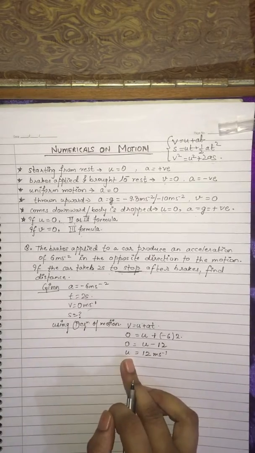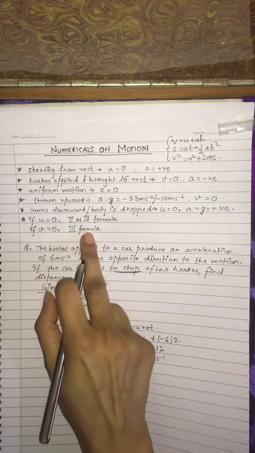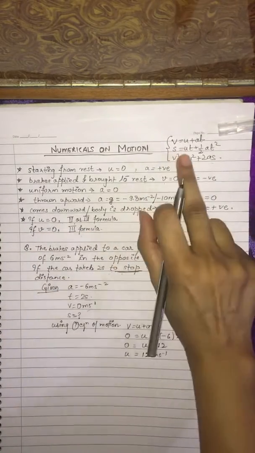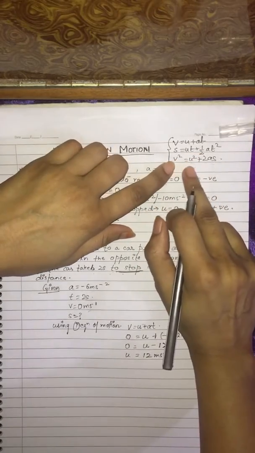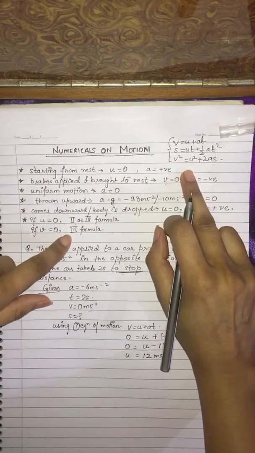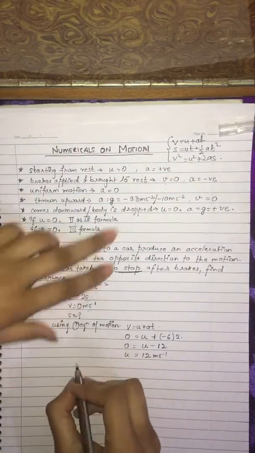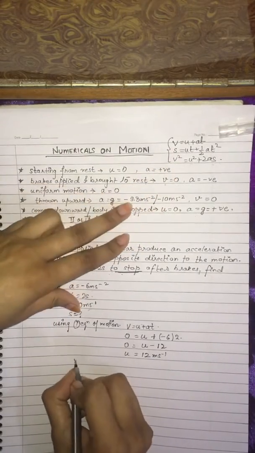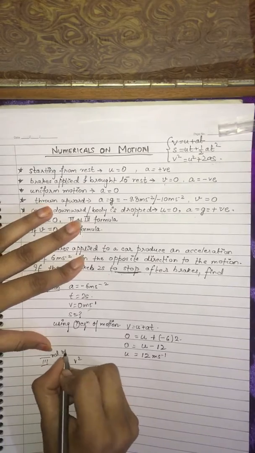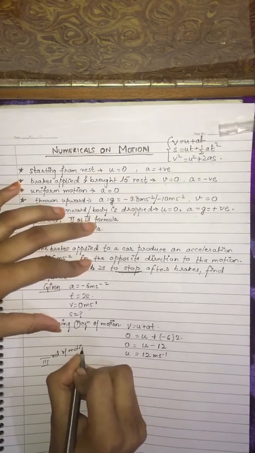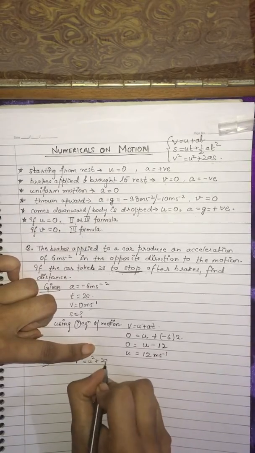Now we know about the initial velocity, and here we have v equal to 0, so we will use the third formula. Okay, fine. If we use the second formula, the answer will be the same, but we will use the third formula so that it will be more quick and easy. The third equation of motion: v² equal to u² plus 2as.